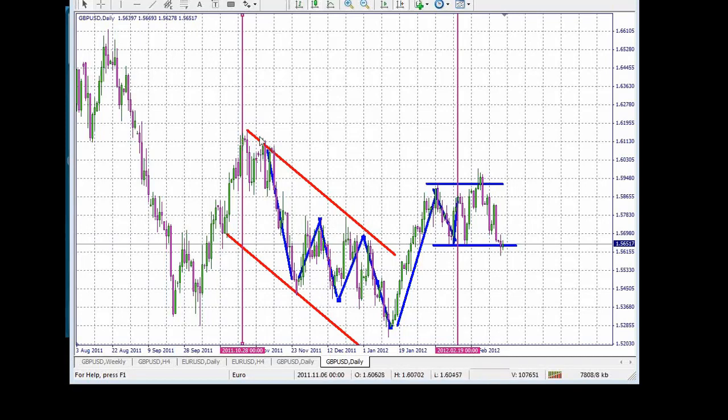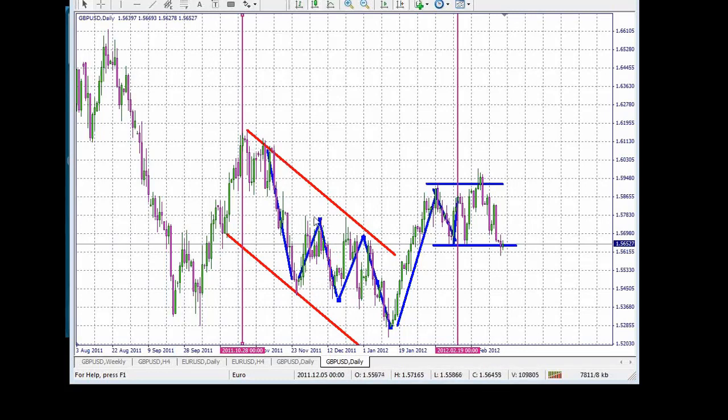The first wave is quite difficult for any trader to identify, and also it's quite difficult to identify the length of the first wave. I will show you one way with the Fibonacci extension, when we go to the analysis of the chart.